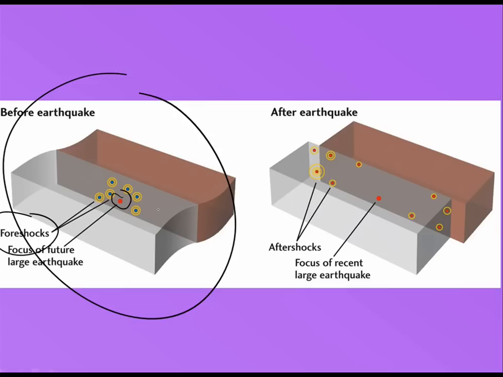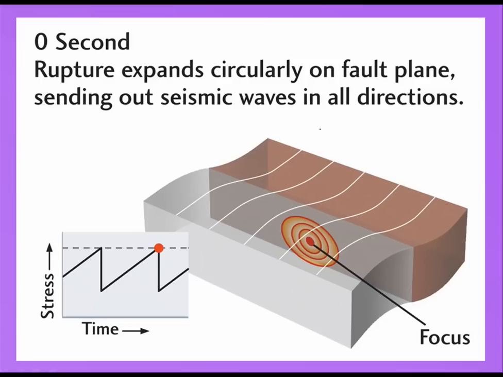After the earthquake, there may be a few aftershocks resulting in small movements at the edge of the fault. To begin with, the stress is at the highest level, so the earth is deformed and ready to break. The rupture beginning at the focus radiates out in a circular fashion.